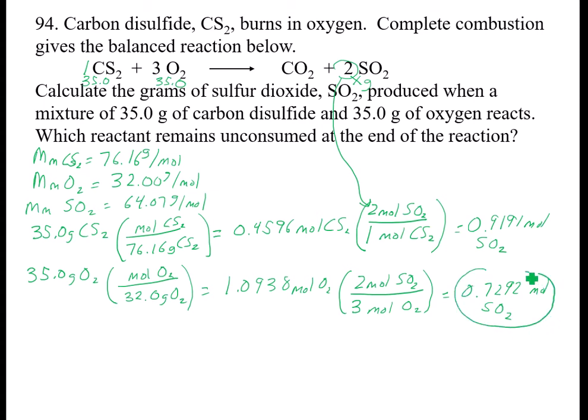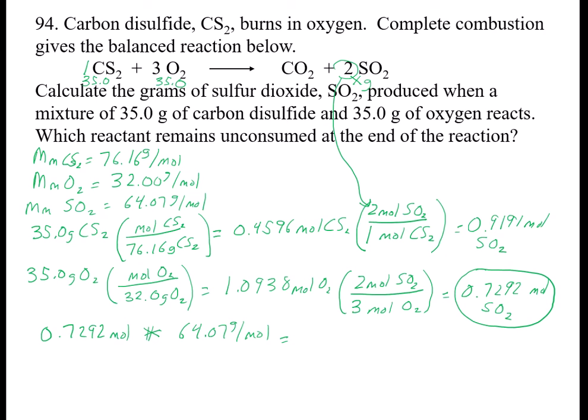Now, it wants to know what the grams are of the sulfur dioxide. So the last step is to take the smallest one, 0.7292 moles. How do I go from moles to mass? I multiply by the molar mass, which is 64.07 grams per mole. And I get 384, no. Sorry about that.